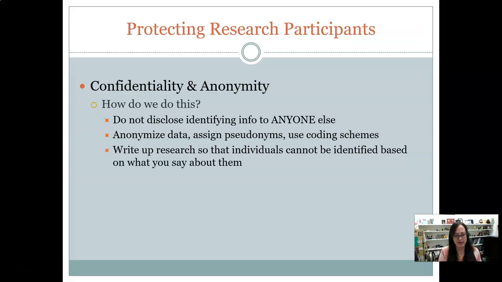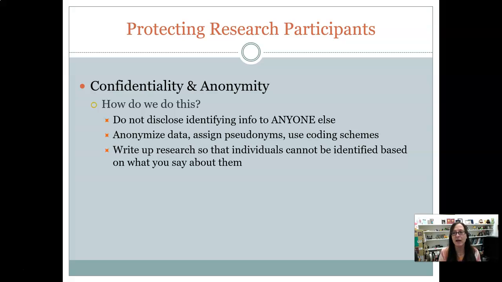I'm also going to say where he's from. I'm also going to say the crimes that he committed, if we're talking to a criminal, including this super high profile case that he was involved in. If you're saying all that, people can easily figure out who that person is. So you're not maintaining confidentiality even though you changed his name. So you want to make sure you write up the research so that you can't identify those participants based on the information that is given about them.